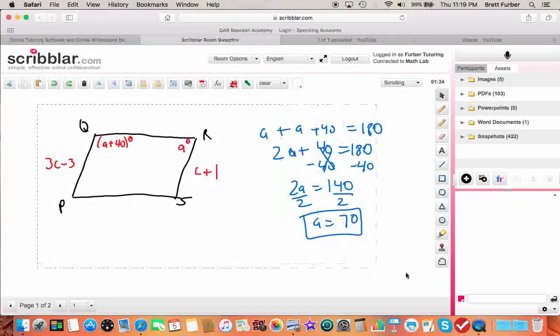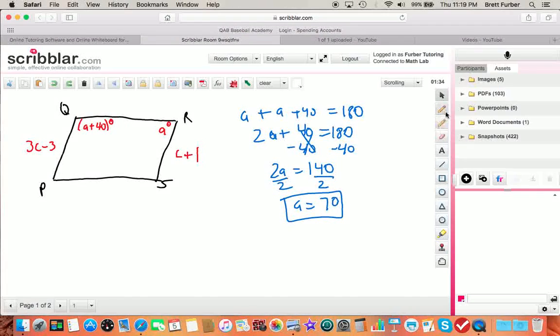Now let me do the same thing, but this time with these two sides right here. Again, these are opposite sides, and if we have opposite sides that are congruent, then we have a parallelogram. So if I'm trying to make this be a parallelogram, then I'm going to set them equal to each other.